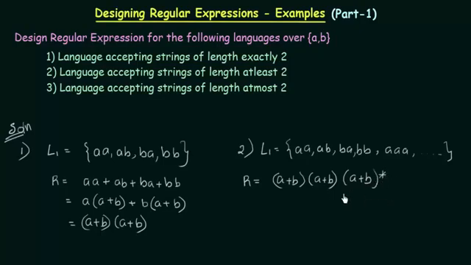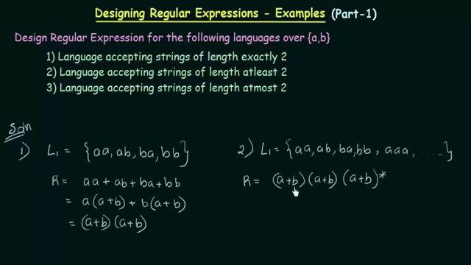Now what does this mean? This means 2 or more than 2. Here we are making sure that strings of length 2 will be there for sure. So this term over here is used to denote anything that will be more than length 2. If you want it to be of length 2, you can just replace this star with 0.